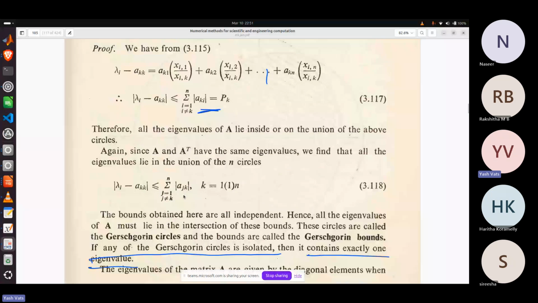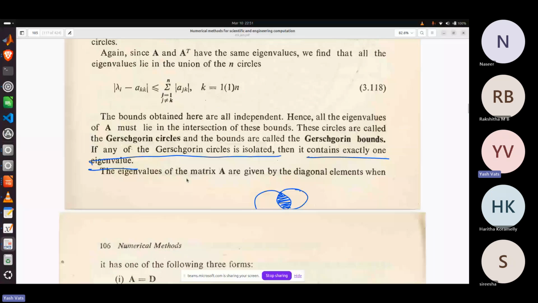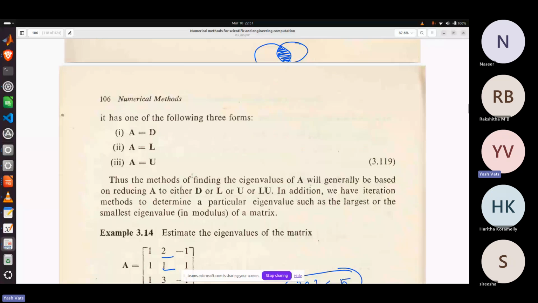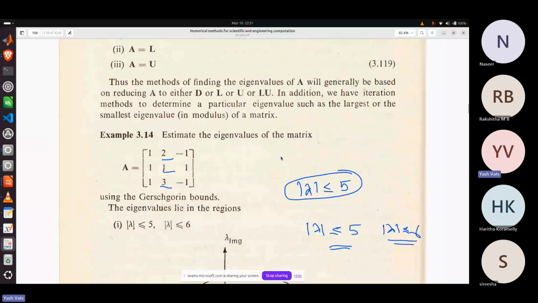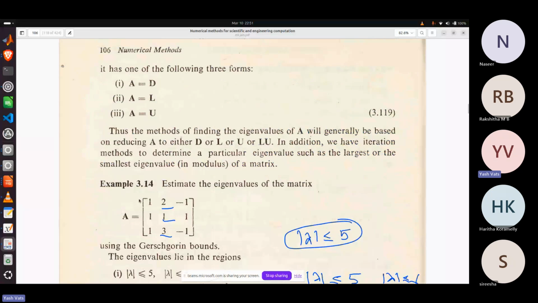This is another theorem that is very useful, of course. So just try this type of question: estimate the eigenvalues of the matrix using the Gershgorin bound. I just want you to try this for a couple of minutes and then we will discuss it again, because there will be many questions on this, and if you don't practice it, you won't get it.